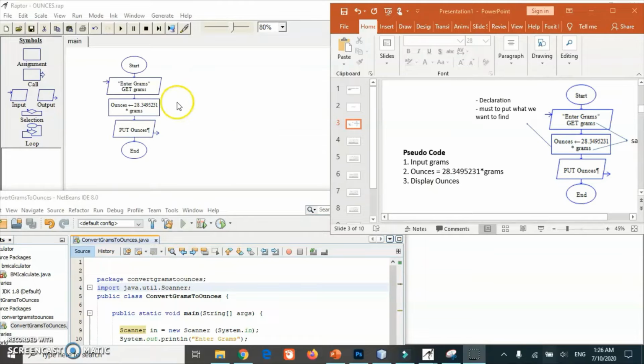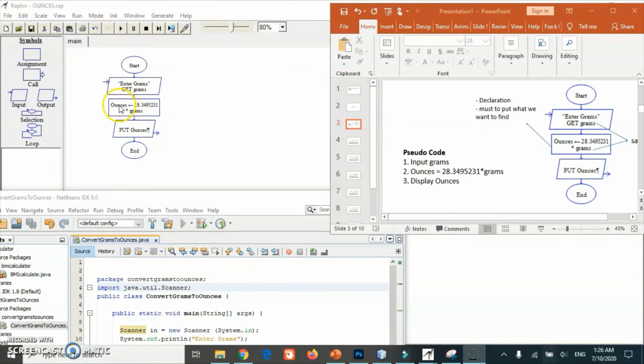Okay, next we do the flowchart following the pseudocode. First, we start with input, enter grams to get the grams, because based on the question we want to convert grams to ounces. And then in the assignment box we put the ounces, because the assignment box is for the declaration, where we must put what we want to find.